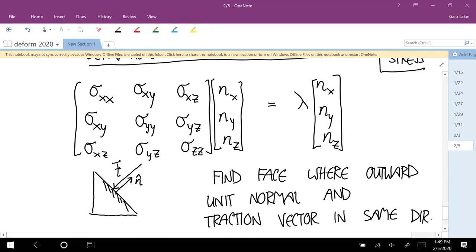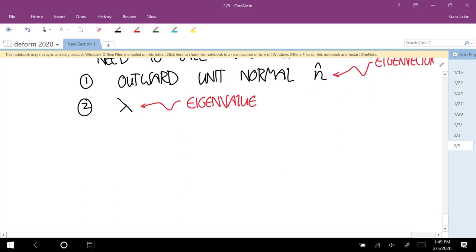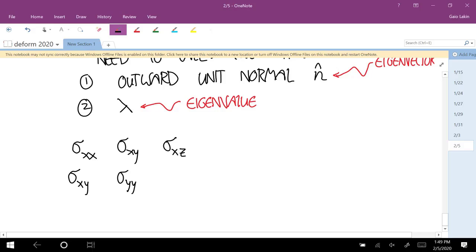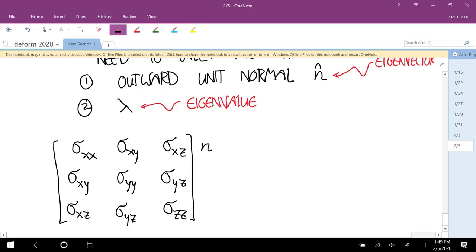Okay. And I'm going to rewrite that, so write out these elements again, and multiply it by the outward unit normal again, nx, ny, and nz. But now I'm going to rewrite the right side.